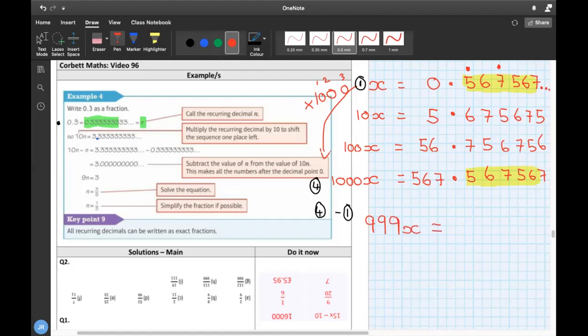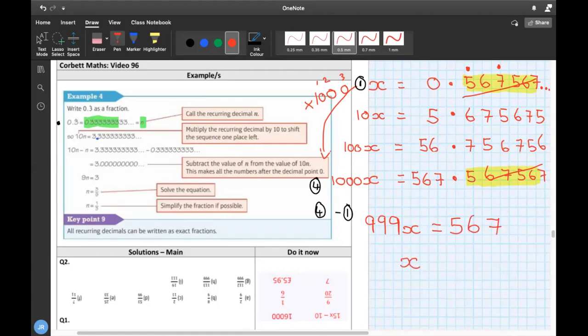Then if we think about the actual values, we had 567.567567 take away 0.567567. So the values after the decimal point will cancel out. And then you've just got 567 take away nothing. So it's going to be 567.